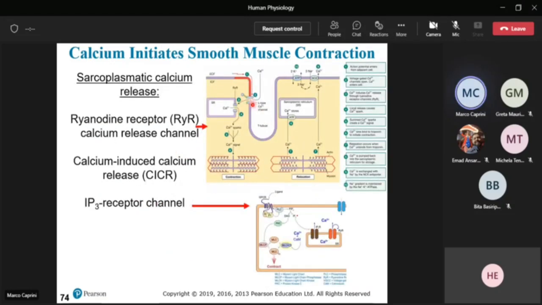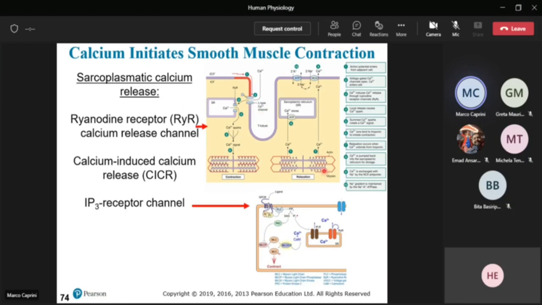In any case, this is the first type of voltage-gated activation of the muscle contraction.